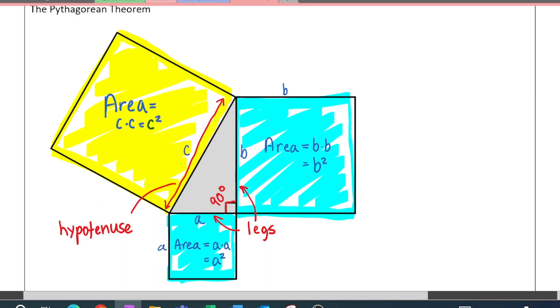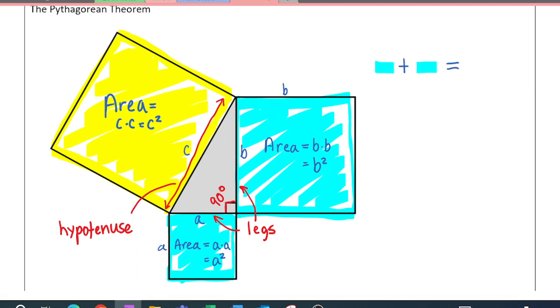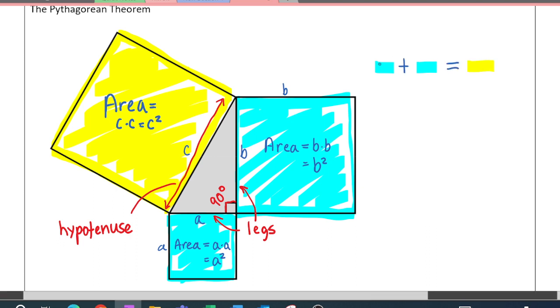Okay, so the Pythagorean relationship is that the 2 blue squares add up to equal the yellow square. So A times A, or A squared, plus B times B, or B squared, equals C times C, or C squared.